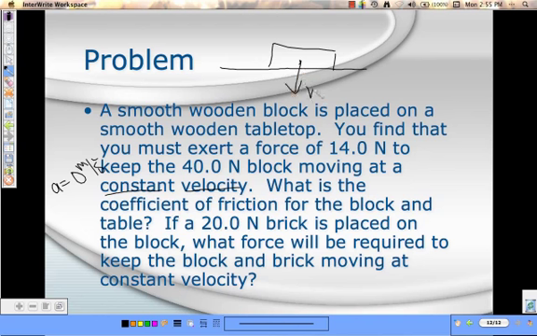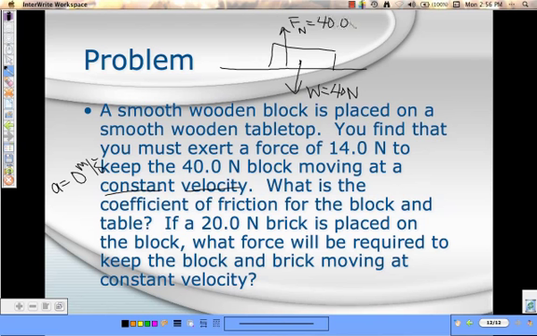So here is our weight. Weight is down, right? What is the weight of our block? 40 newtons. So what's our normal force? We're on a horizontal tabletop. So our normal force is equal in magnitude to our weight.